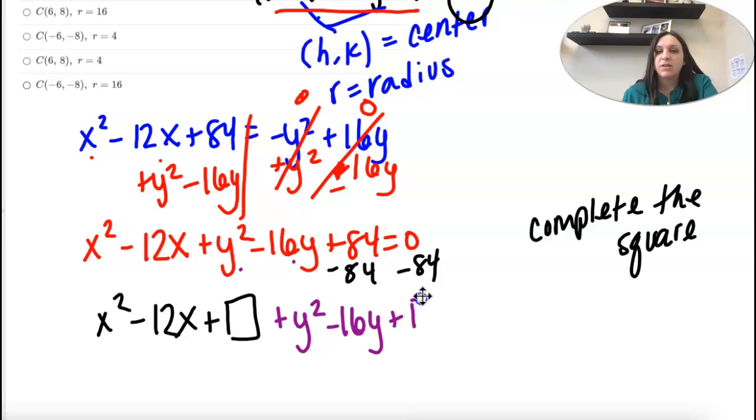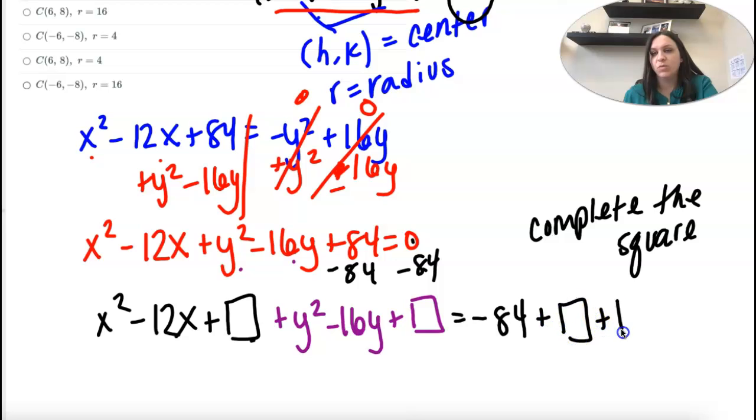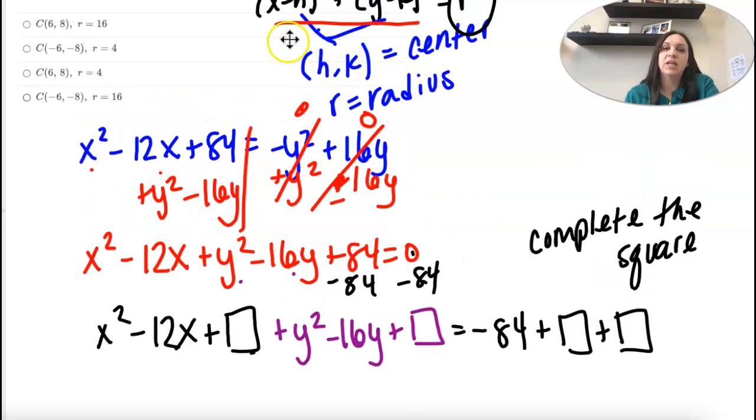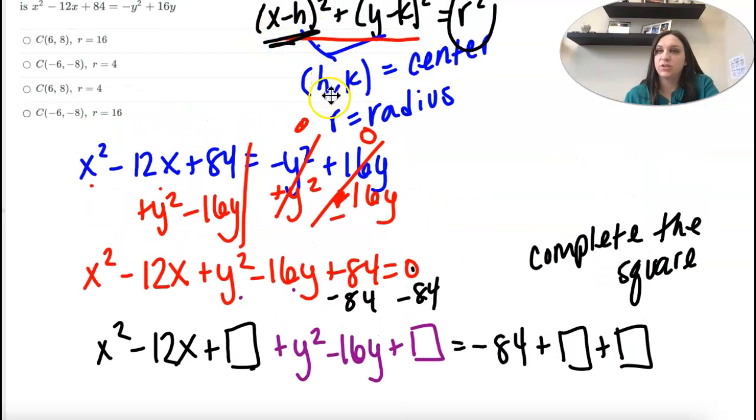We're going to add on some number, equals negative 84. And then these two numbers that we're adding on the left, we have to add on the right too. We have to keep our equation balanced, right? So completing the square is to get (x minus h) squared.